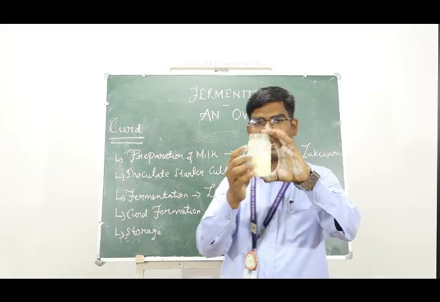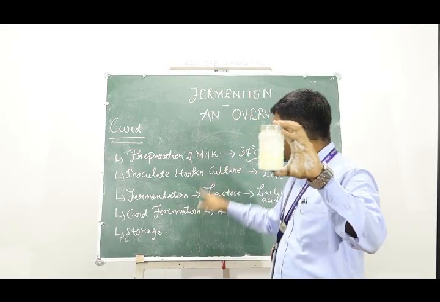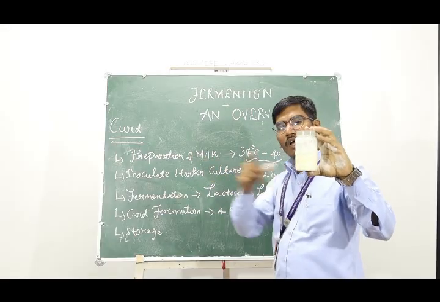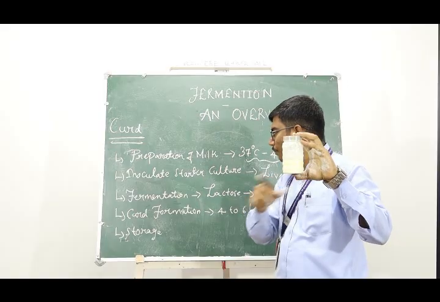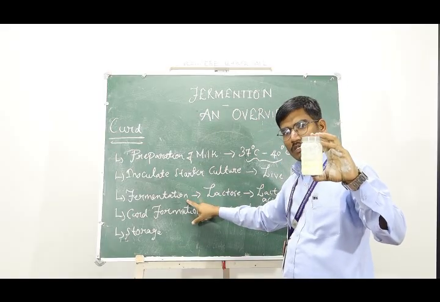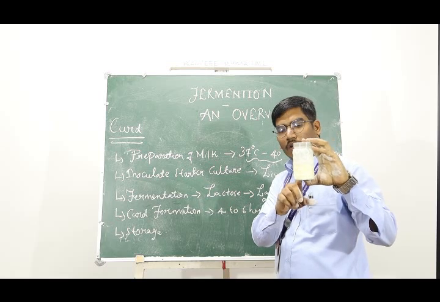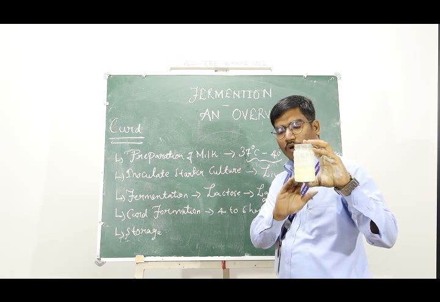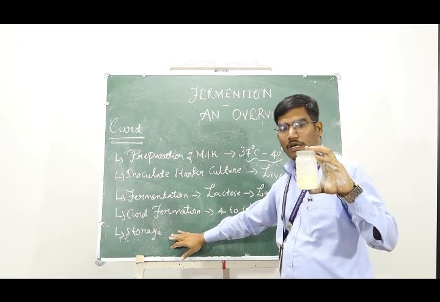So here you can see we have prepared the curd with the preparation of the milk, then introduced the starter culture into the milk, and that way the fermentation process is carried out, and finally the curd is formed. To prevent the growth of microorganisms, we have to store it in refrigerator conditions.